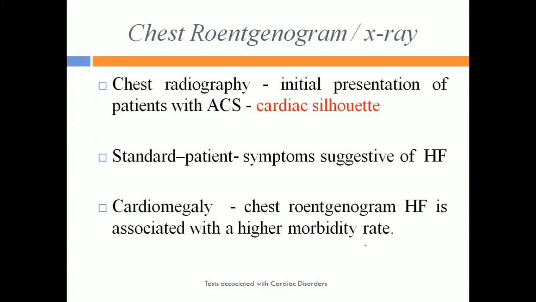With the help of this chest X-ray, you can find out whether there is an increase in heart size or not. Even if the person doesn't have cardiomegaly, the patient might still have heart failure, right? But if the patient has cardiomegaly along with heart failure on chest X-ray, there is a high morbidity and mortality rate for the patient.